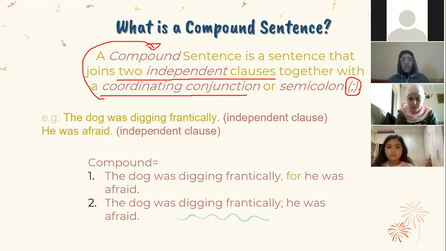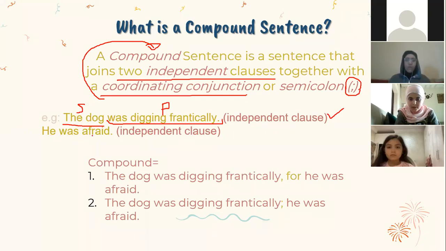Let's check if it's really an independent clause. The dog was digging frantically. What is the subject here in the sentence? The dog. I'm talking about the dog. What is the predicate? Was digging frantically. This is the predicate. And I have a complete idea, then yes, it makes an independent clause. I have one subject, one predicate, and a complete idea.